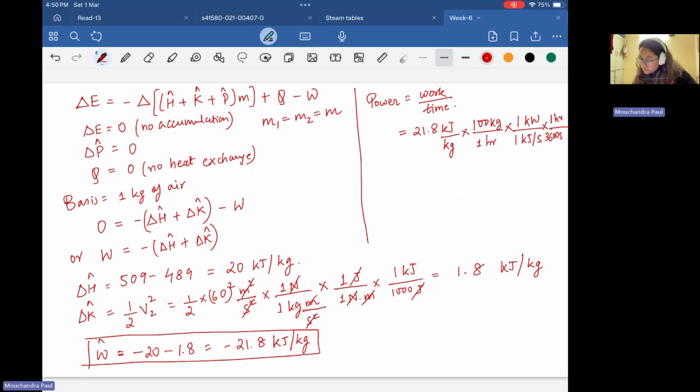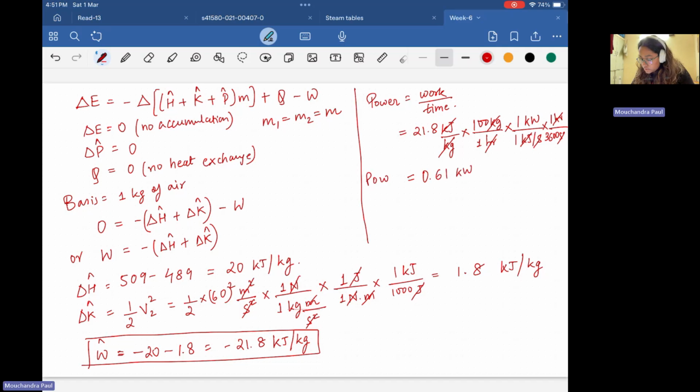So if we solve this and cancel out the common units, we'll be left with only kilowatt. Okay. And you'll get 0.61 kilowatt.